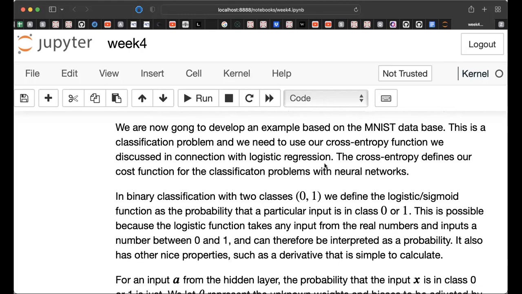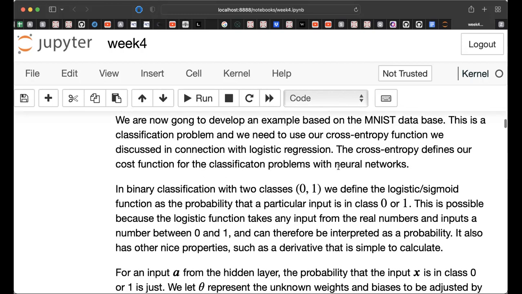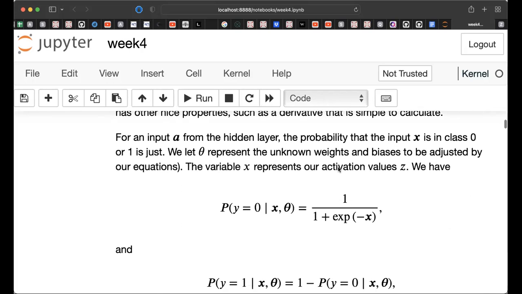So the cross entropy, if we are looking at a binary problem, a typical two-class problem, is the optimal function. If we are dealing with more than two categories, two classes, then we will typically use something called the softmax function, which is a generalization of the standard sigmoid function.